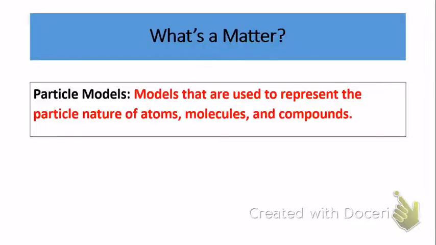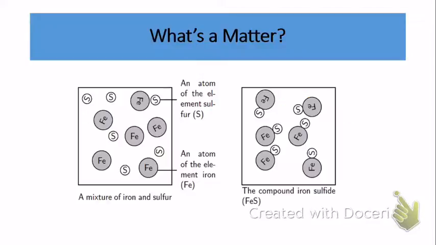Now, some models that we'll be using quite a lot are called particle models. These models are basically used to represent the particle nature of atoms, molecules, and compounds. So let's represent some particle models here really quick. Typically, what we're going to see is elements are usually circular in the model. They come in different sizes and different colors to represent different elements in our model.